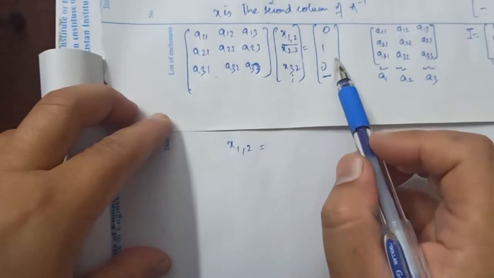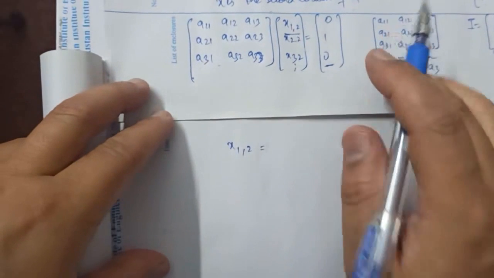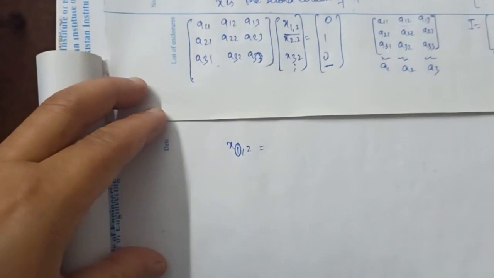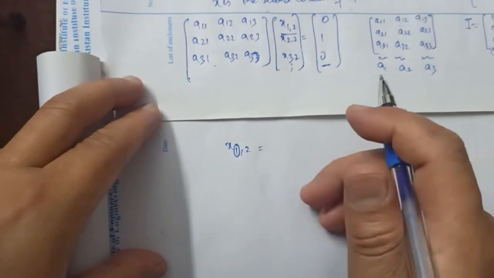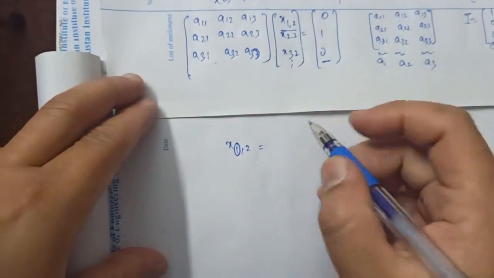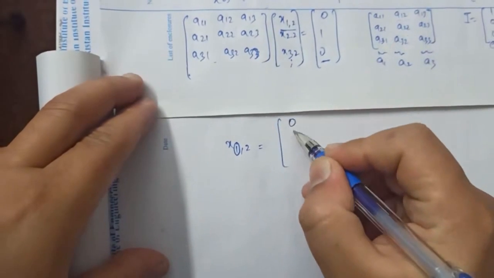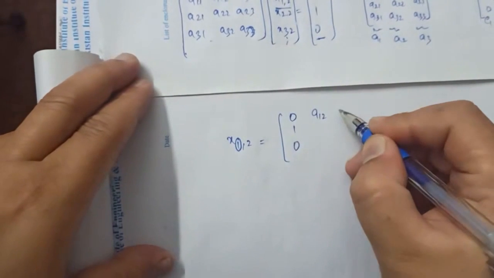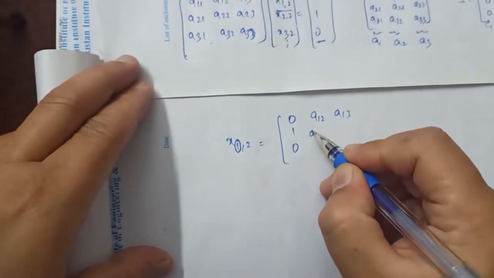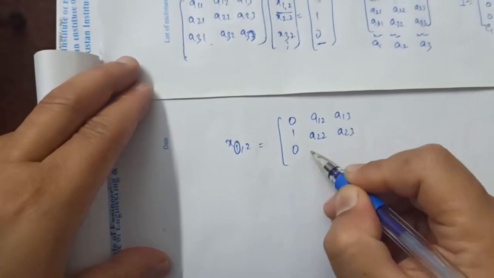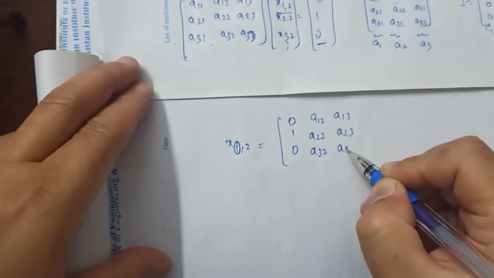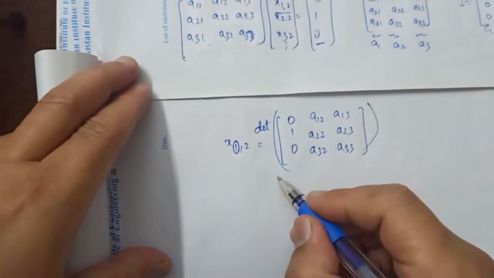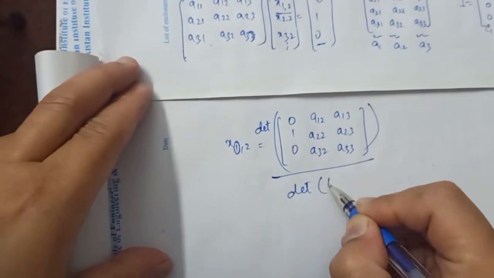Since I'm talking about the first element of x12, where i equals 1, I write 0 1 0, a12 a13, a22 a23, a32 and a33, and I take the determinant of that matrix divided by the determinant of A, right?